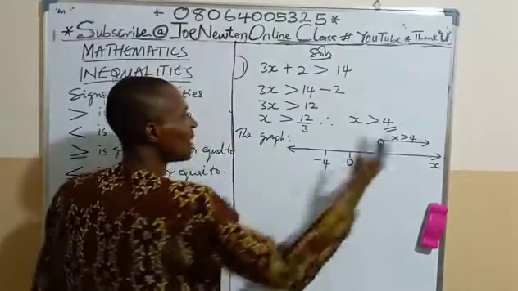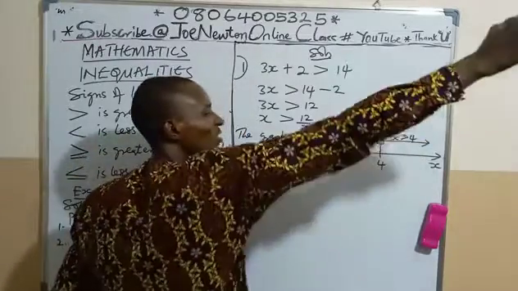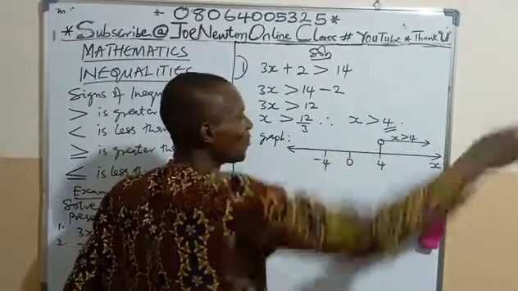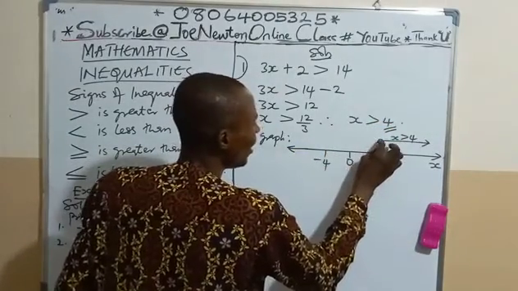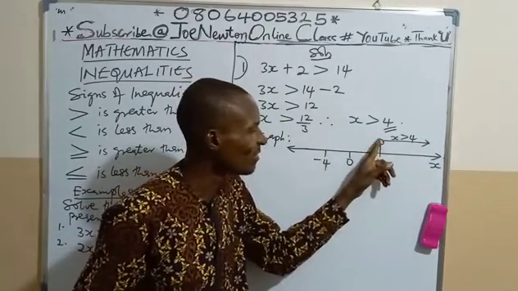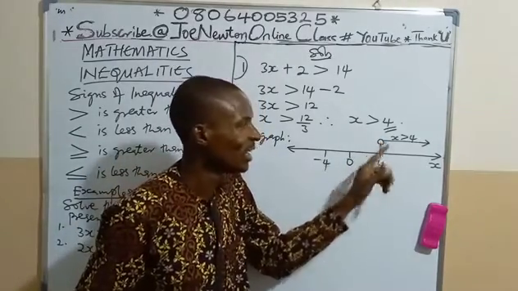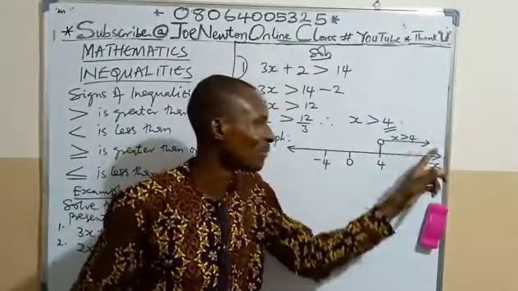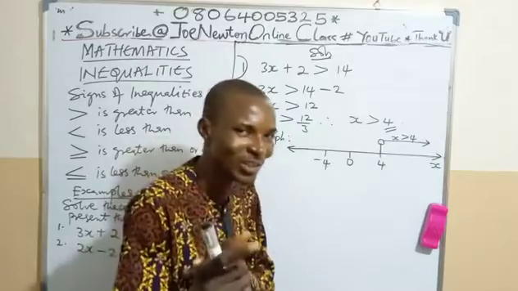So x is greater than 4. That's why it's pointing towards the positive side. This is greater than. Look at this: the small circle here has no shading. It shows that the only sign we have is the singular sign of greater than. There's nothing like or equal to there.